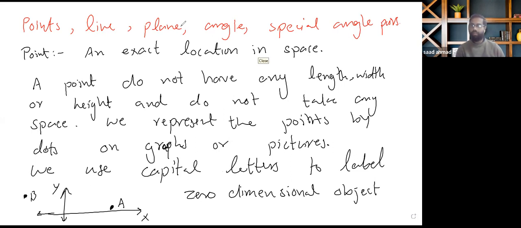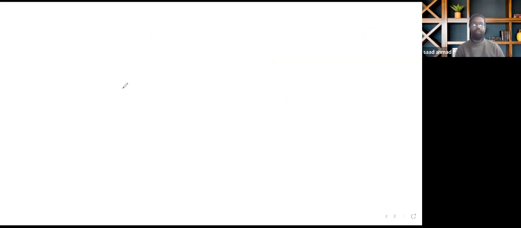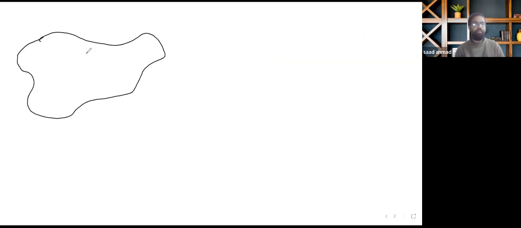Okay, so let's say, for example, we have some map of somewhere, right? It doesn't matter whichever it is. Let's say these are some cities, and we want to point to some city, right? We give it a name.